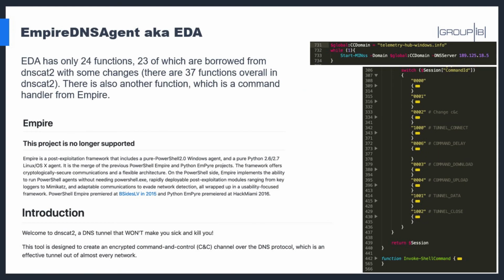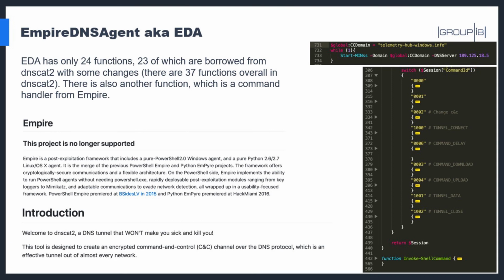Another new tool which is used during the lateral movement stage, we call Empire DNS Agent. EDA has only 24 functions, most of them borrowed from DNSCat2, and the last one is a function from the Empire project.